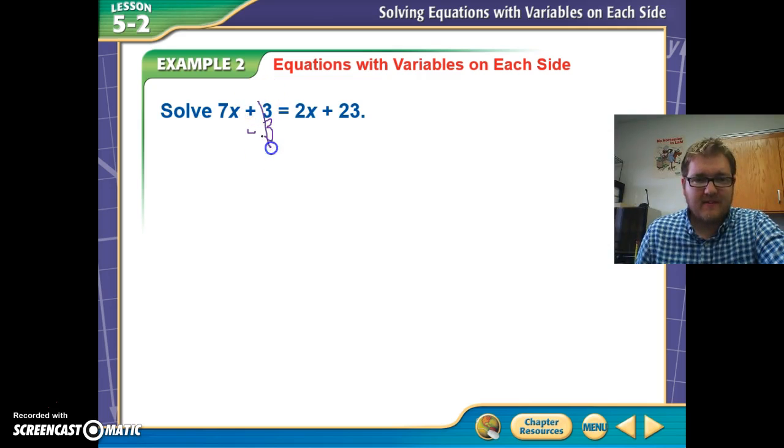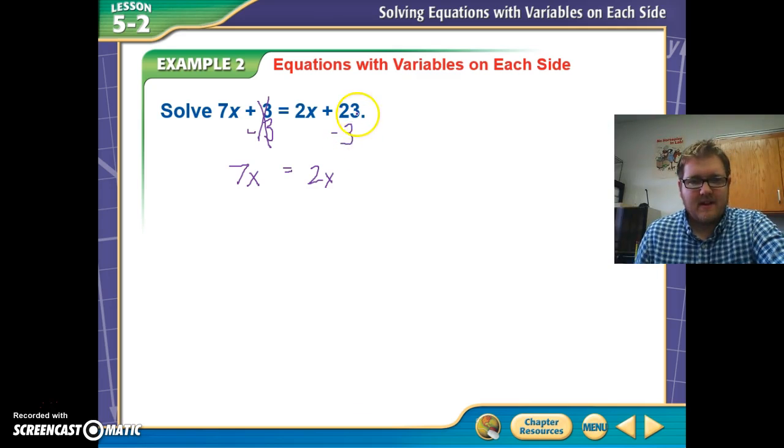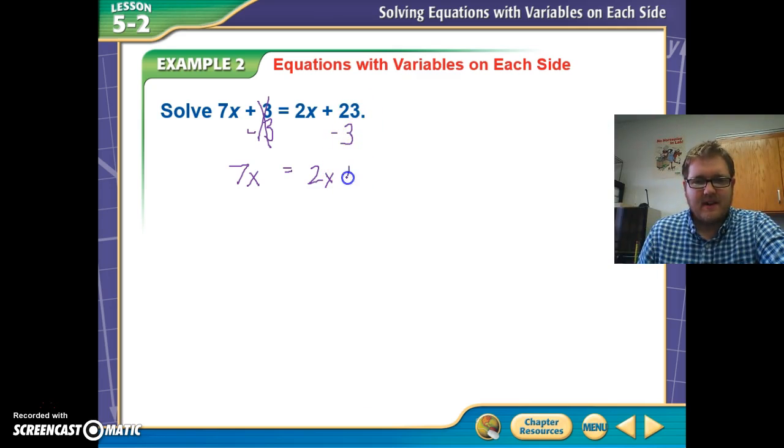So let's subtract the 3 from both sides. It cancels out. And we get 7x on the left equals 2x plus 23 minus 3. 23 minus 3 is 20. So we have 7x equals 2x plus 20. Let's go ahead and subtract 2x from either side.